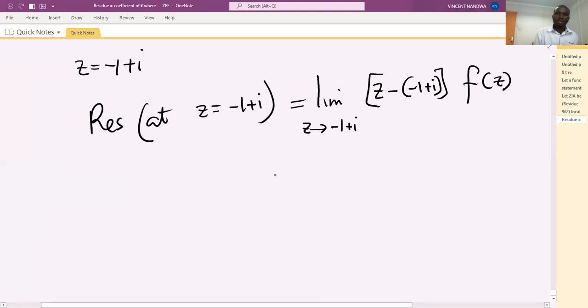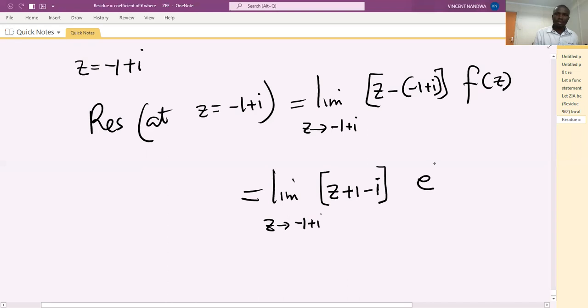So which is the same as limit as z approaches minus 1 plus i of z, now this will be minus is plus 1, then minus i, times f of z is e raised to power zt divided by z squared into z squared plus 2z plus 2.